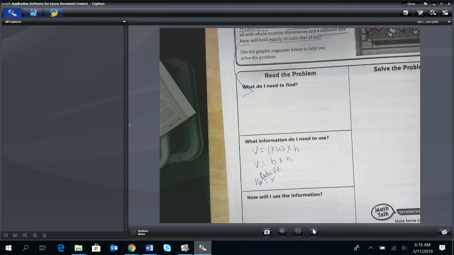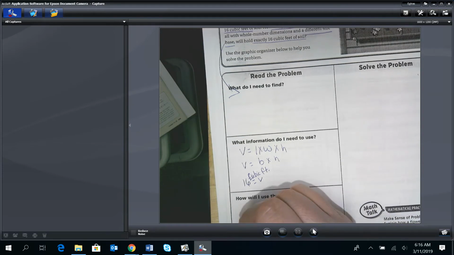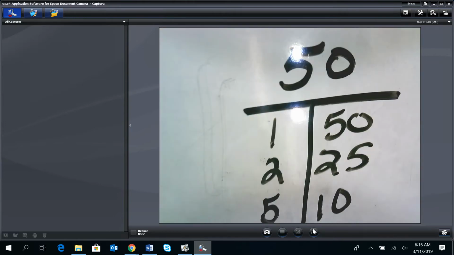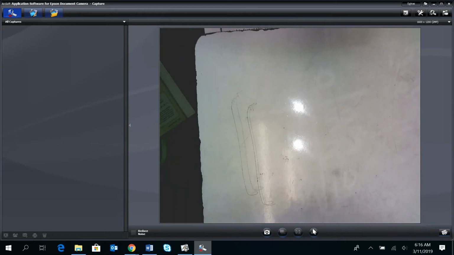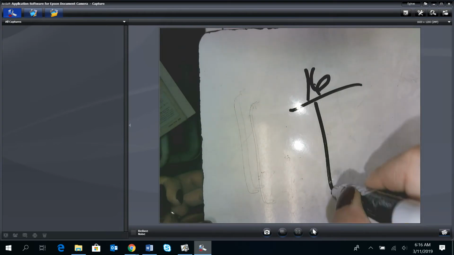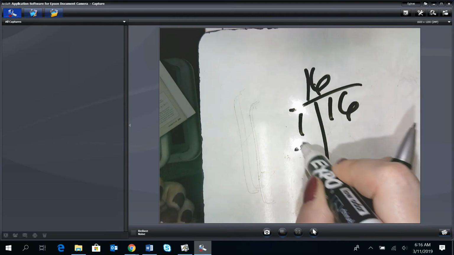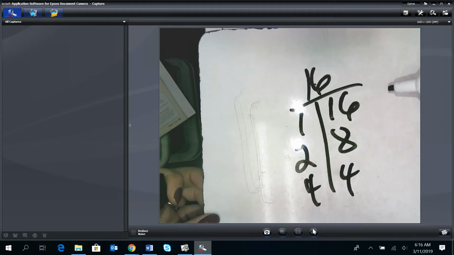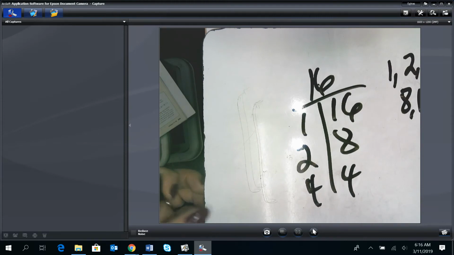Okay, so what am I going to start doing? I'm probably going to use a table. So I'm going to go back to what I know that works, so I know which numbers I'm going to need to use. So I'm going to do 16, 1 and 16, 2 and 8, 3, no, 4 and 4. So those are basically my numbers that I'm going to work with: 1, 2, 4, 8, and 16.